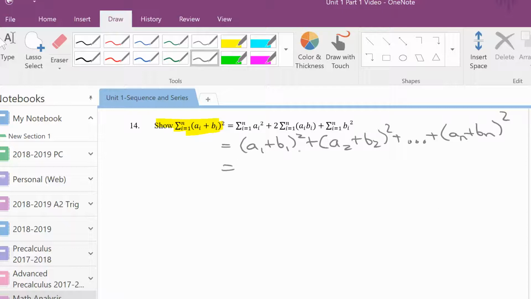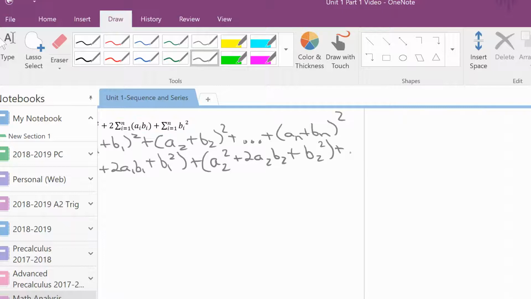Then if you FOIL this, it's a sub 1 squared plus 2 a sub 1 b sub 1 plus b sub 1 squared plus a sub 2 squared plus 2 a sub 2 b sub 2 plus b sub 2 squared plus, and so on, plus a sub n squared plus 2 a sub n b sub n plus b sub n squared.